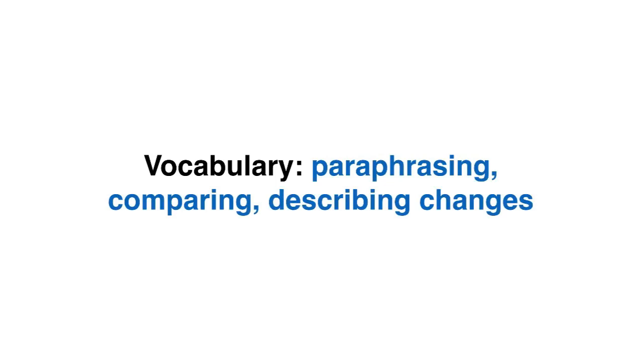We'll finish with our usual review of vocabulary from this report, focusing on paraphrasing, comparing, and language for describing changes. So in my report I wrote 5 highest ranking countries. In this case, the countries were ranked or listed in order. Which one is the top country, which one is the 5th?